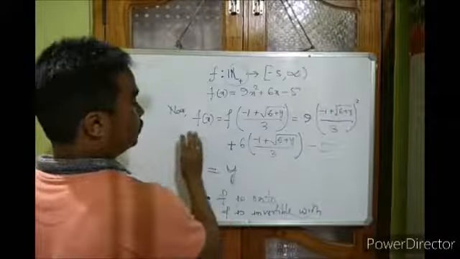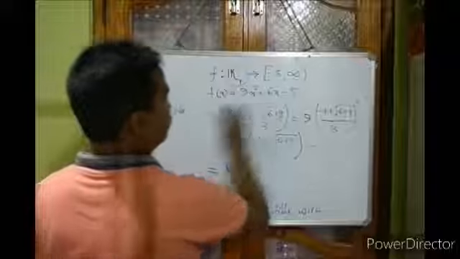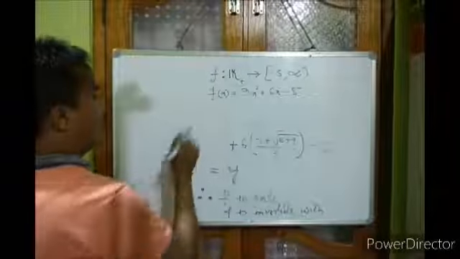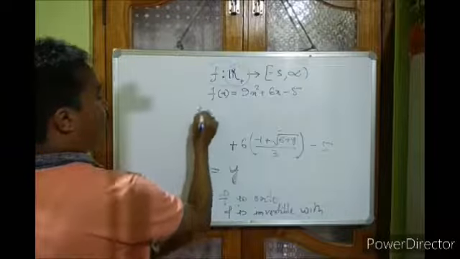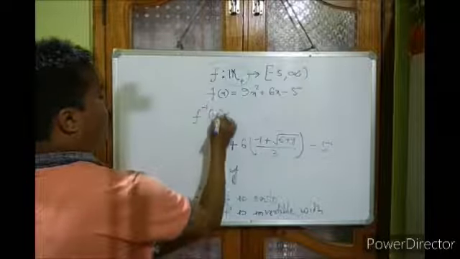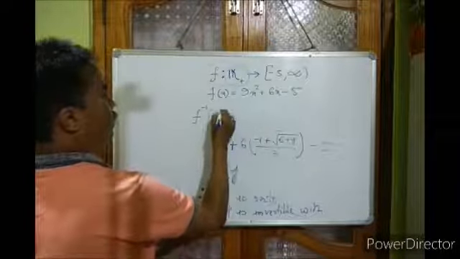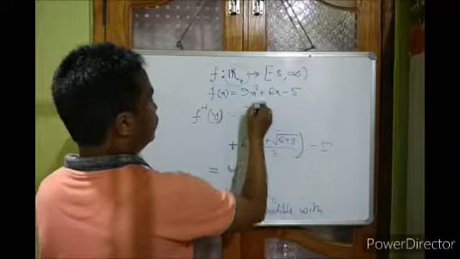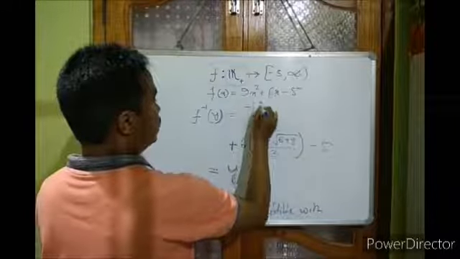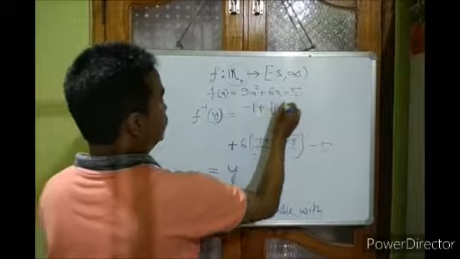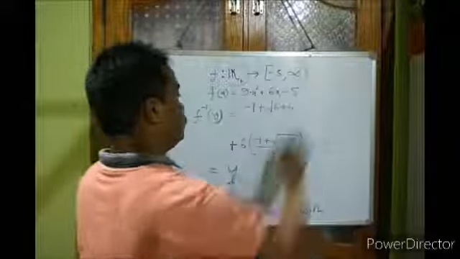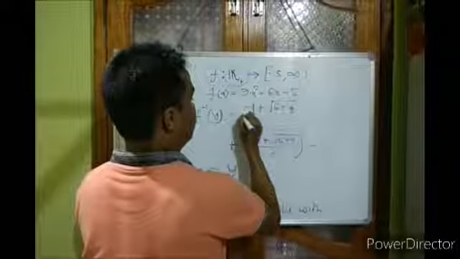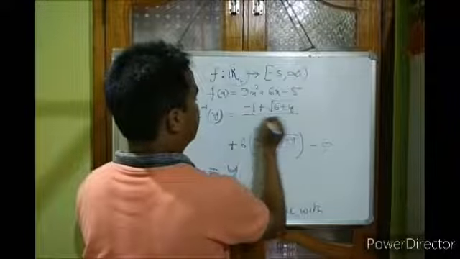If we are asked to find the inverse, then f inverse y is equal to the value of x, and the value of x we have got as minus 1 plus root over 6 plus y by 3.